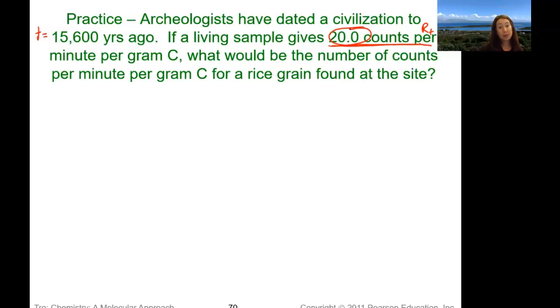They want the rate initial, at the site. I'm going to give you a couple minutes to try and figure this one out, very similar to what we did, and then we'll go over it together.